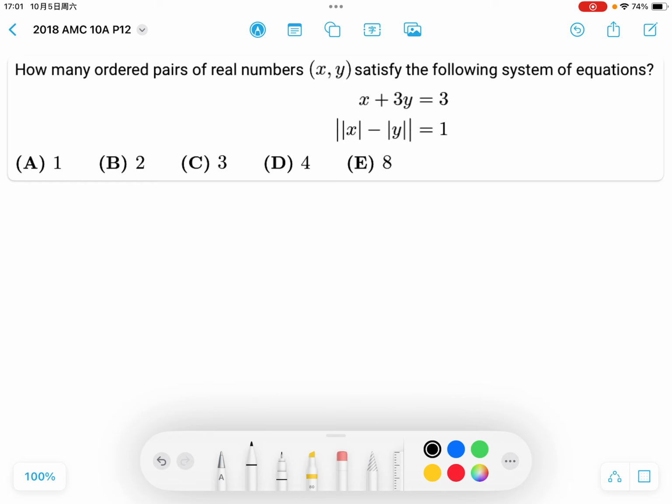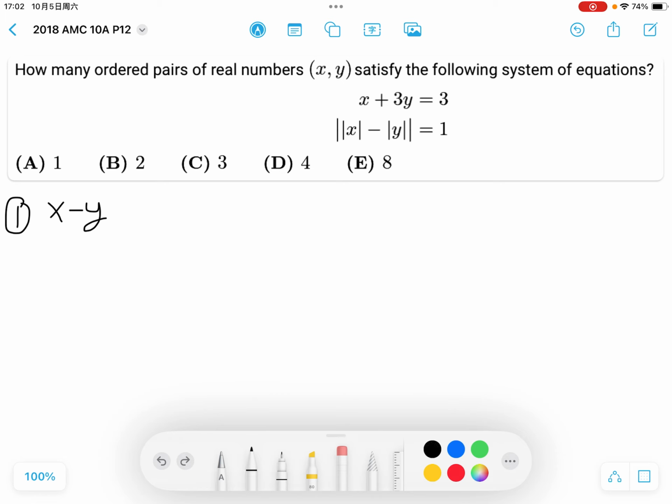So there's like 3 absolute values here. What are the few cases for the left hand side of this equation? If x and y are both positive, then it's the absolute value of x minus y. If that's positive, this is case 1: x and y are both positive and x is larger or equal to y.